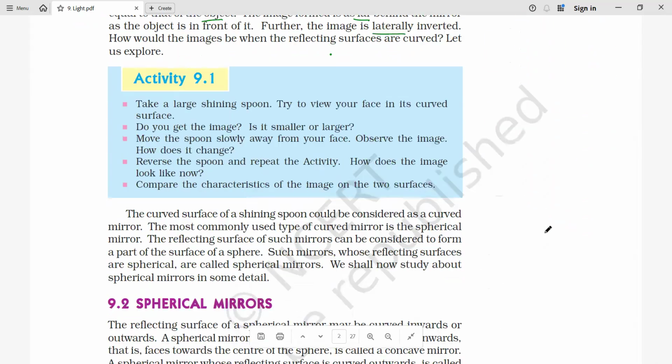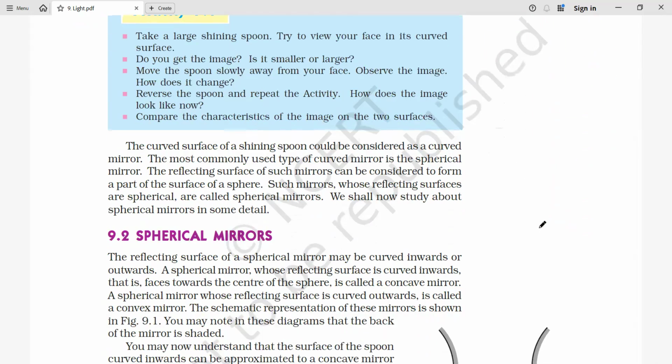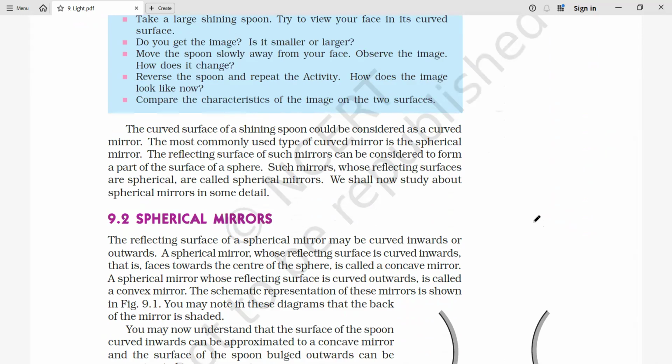Now we'll have different situations, okay. Generally, you see that in many places we have curved mirrors. That curved mirror is the spherical mirror. You know a sphere? A sphere is just like a ball, okay. Some portion of that sphere is called a curved mirror.